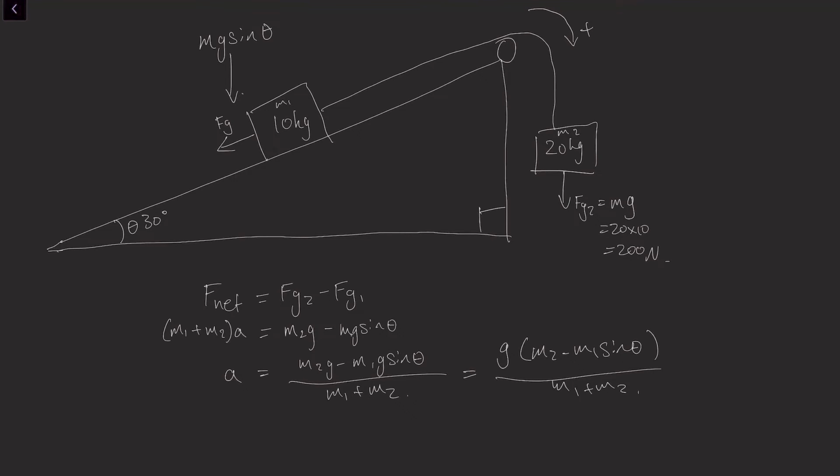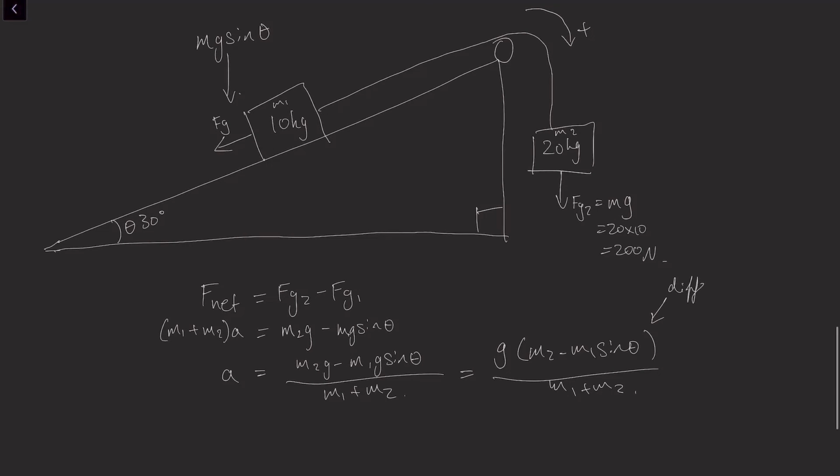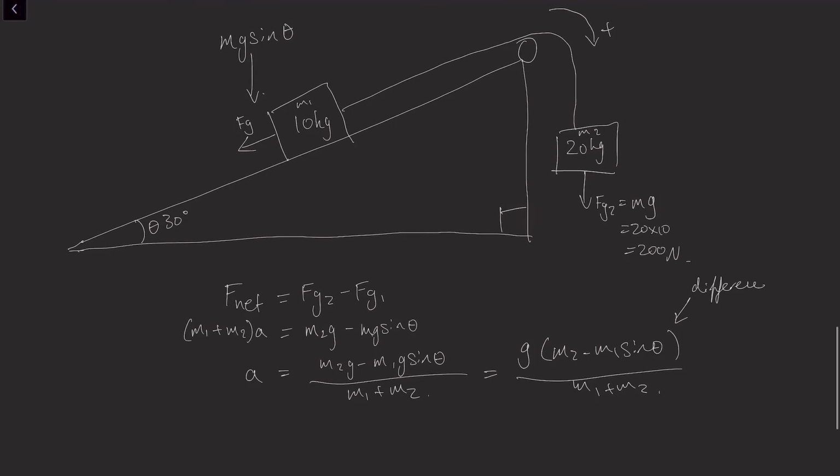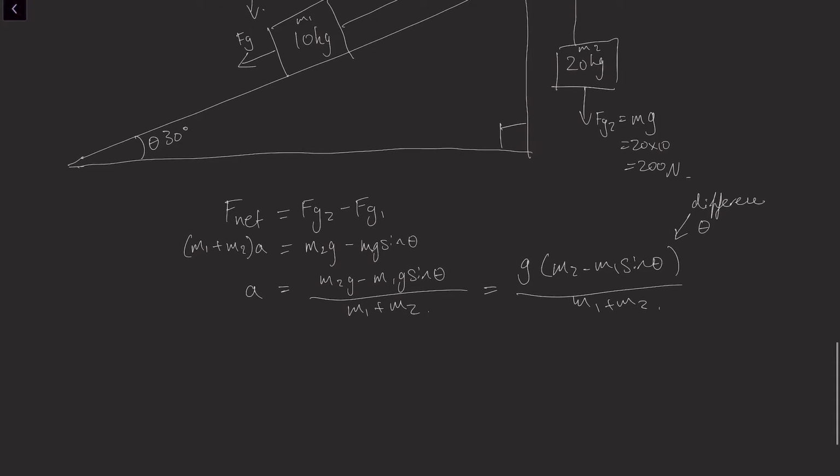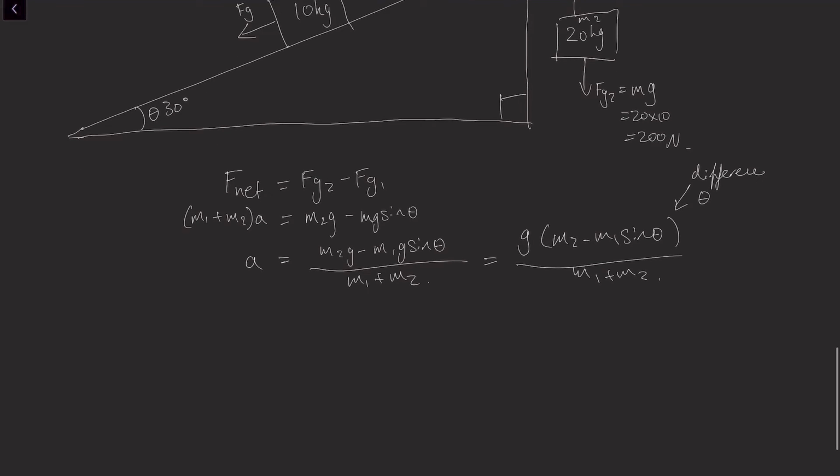You'll see again that the acceleration is only dependent on the masses and also the angle theta, which makes sense. So you'll see that these are all variations on the same equation, except now we have an added angle component.